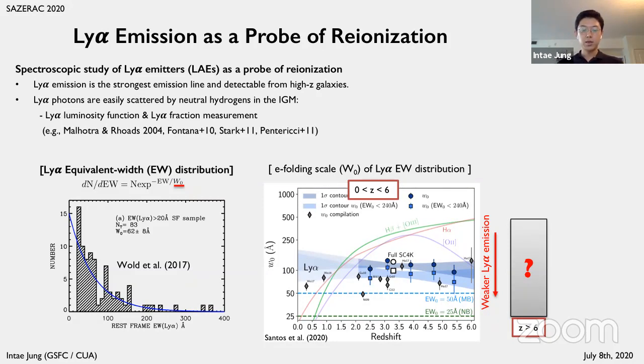At redshifts below 6, where reionization has been completed, the e-folding scale does not change very much over time. However, into the epoch of reionization, an increasing amount of neutral hydrogen in the intergalactic medium would have an impact on the Lyman Alpha visibility. So here we aim to constrain the equivalent width distribution at the reionization epoch in order to trace the evolution of the IGM neutral fraction.